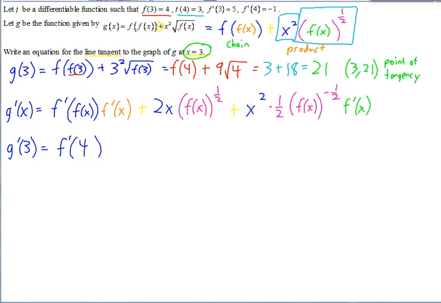So f prime of 4, which they tell you at the top is 5. And then plus 2 times 3, that's 6. Now switching this back to radical form will make it easier to evaluate. So instead of to the 1/2 power, put it back as a square root, and f of 3 gives you 4.